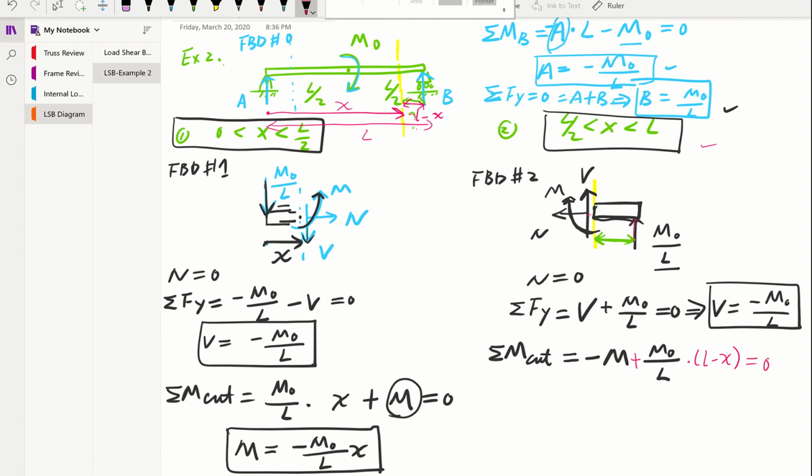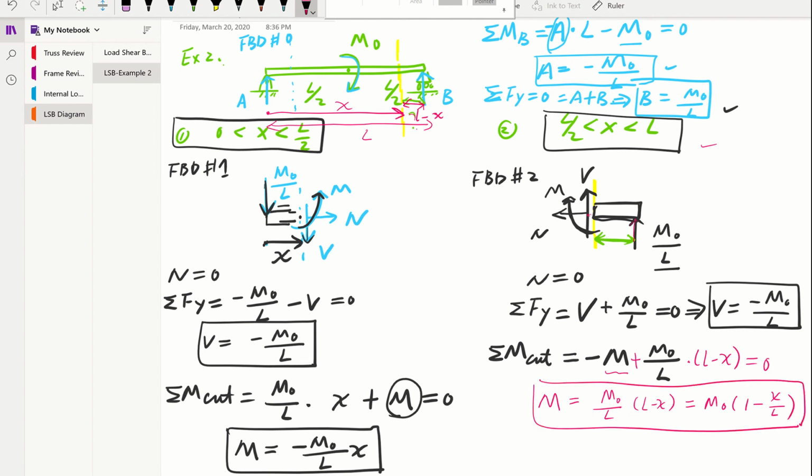Again, what we are solving is this M. So M is going to be equal to m naught over L times (L minus x). So we want to simplify, you would get m naught times (1 minus x over L). So that's our expression for moment for the second half.